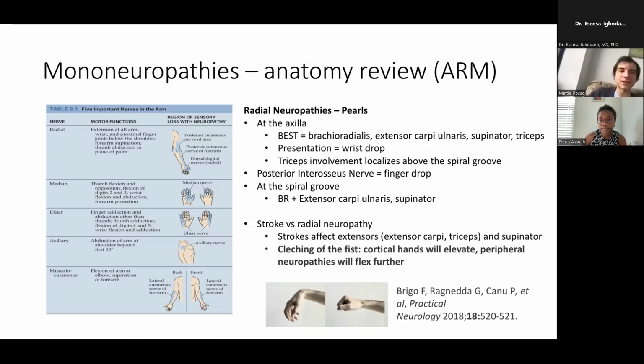I'm sure Eseosa has come across this plenty of times, which is, is this a stroke? And it's tough. Oftentimes there's not a clear answer. And the reason is that the nerves that are affected by a radial neuropathy of the axilla are the same that are affected in a stroke, with some exceptions.